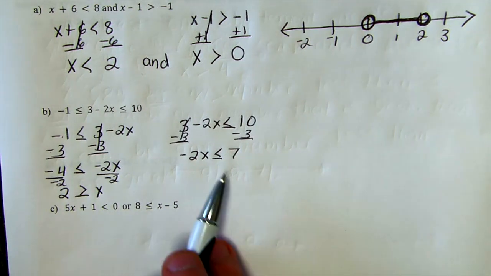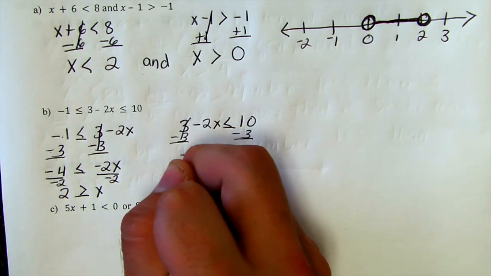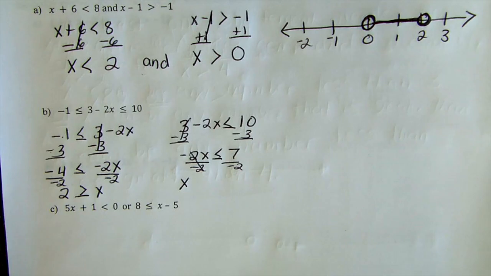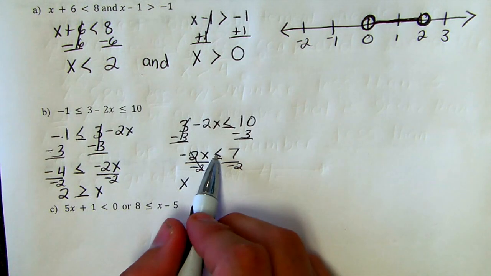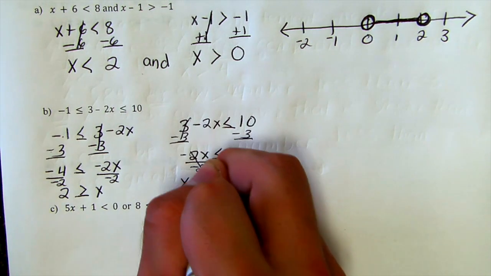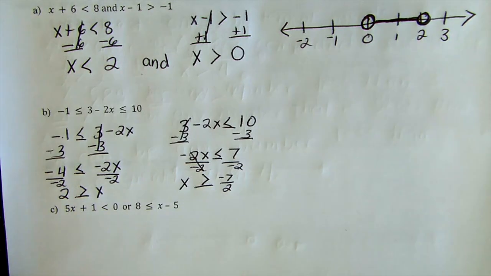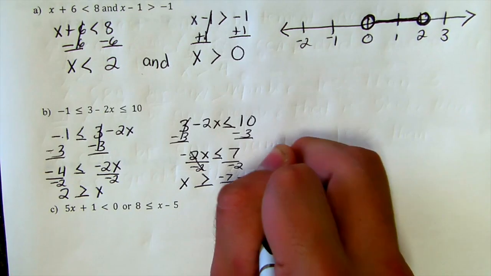Then on both sides, to get x, we're going to divide by negative 2. Negative 2 will cancel with negative 2. Since we divided by negative 2, we have to flip the sign to be greater than or equal to. And then we'll have negative 7 over 2, which is the same thing as negative 3.5.